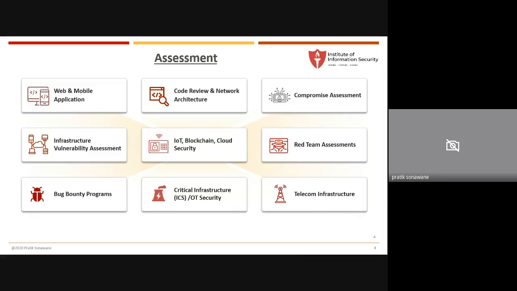The nuclear facility of that country was hacked, and they were thinking that their nuclear production was at certain levels, but in fact it was not. So you can have a look at it. Stuxnet was the name, in case you want to search it.